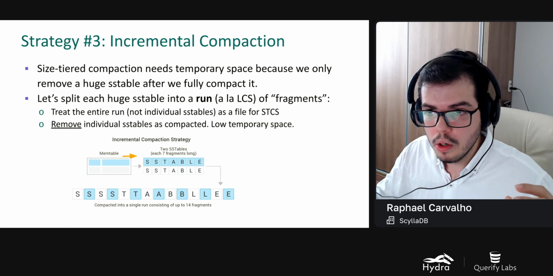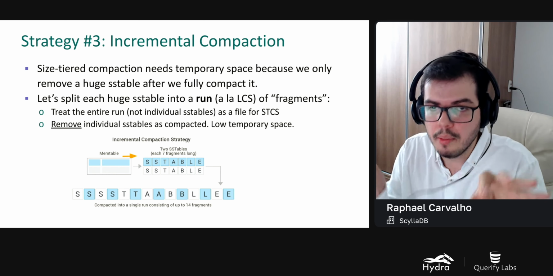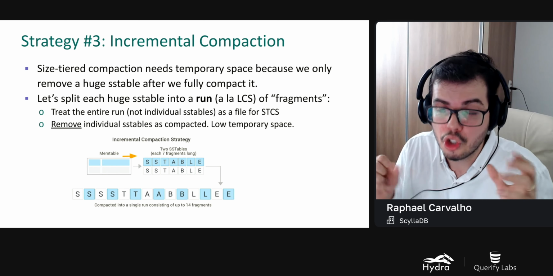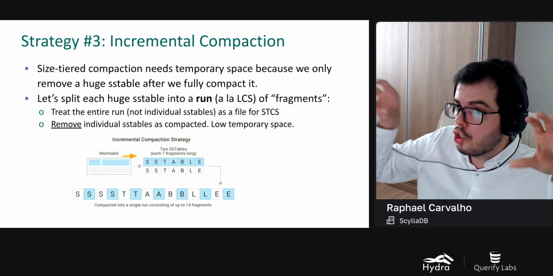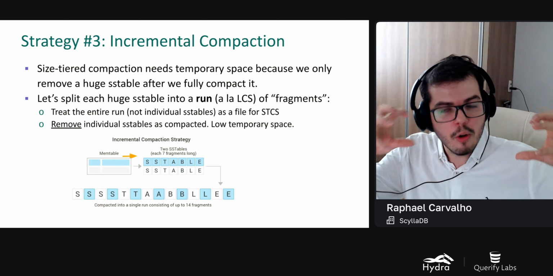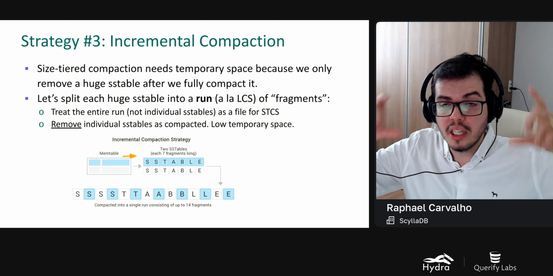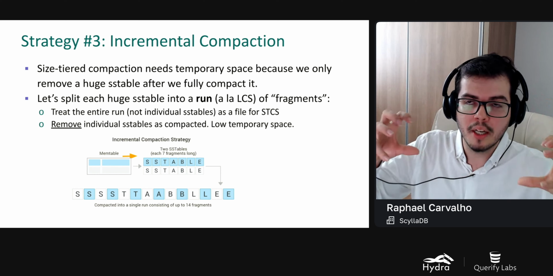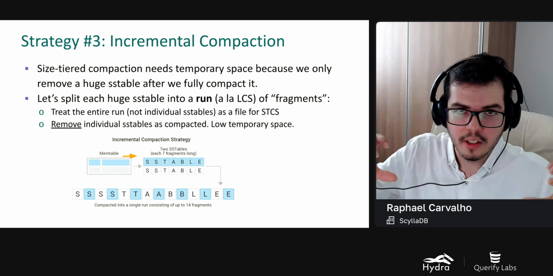So the LSM-tree layout with incremental compaction is going to be the same as in tiered policy. We allow accumulation in each tier, but each file will be broken into fixed size fragments.